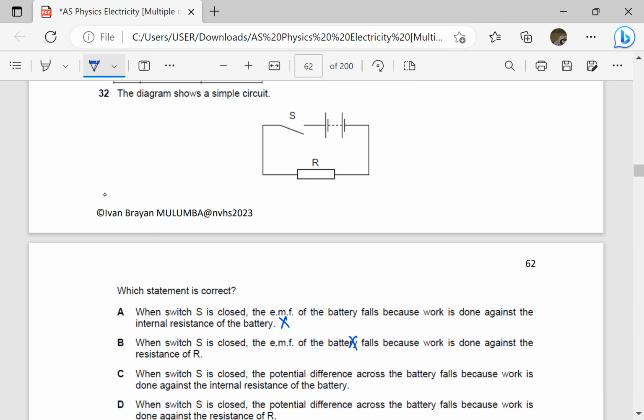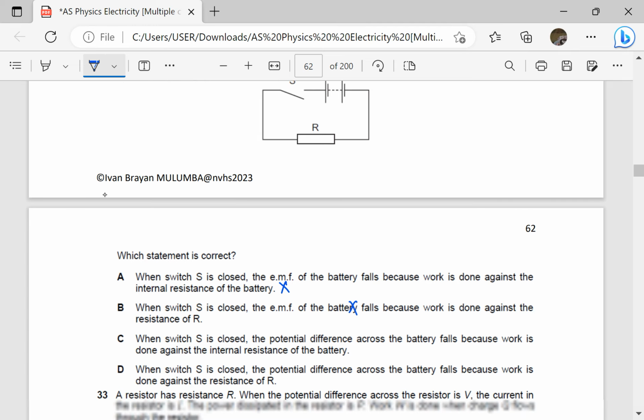When switch S is closed, the potential difference across the battery falls because work is done against the internal resistance. That is very true. If the terminal PD across the battery falls, it's because work is done against the internal resistance.